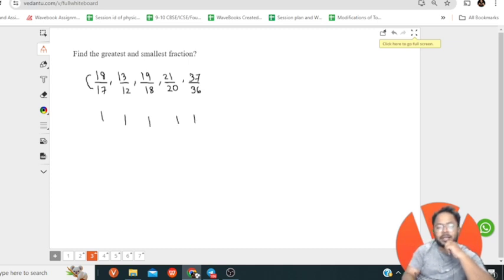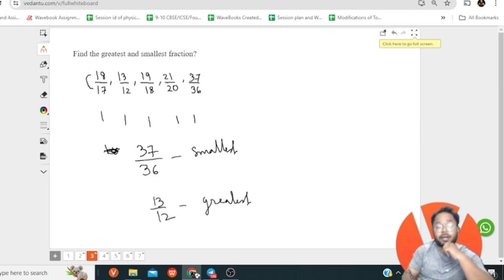Now if we look at the highest numerator, it is 37. So 37 by 36 becomes the smallest number, and 13 by 12 becomes the greatest fraction.